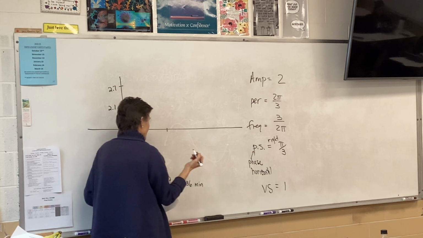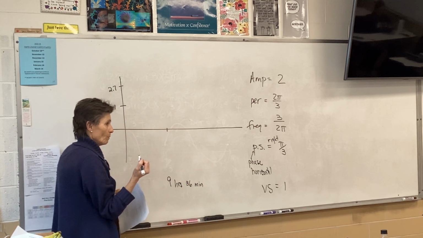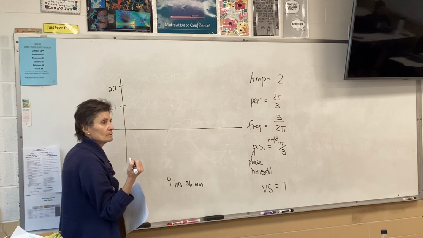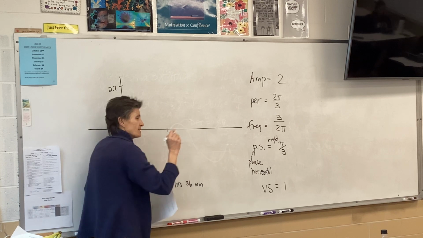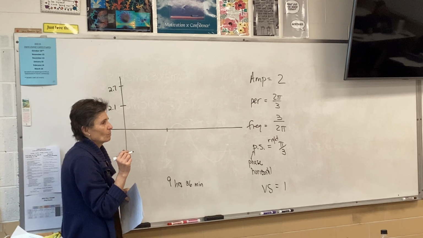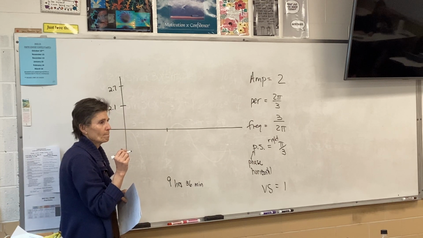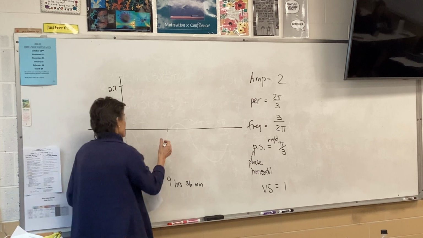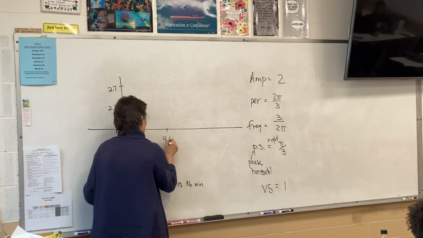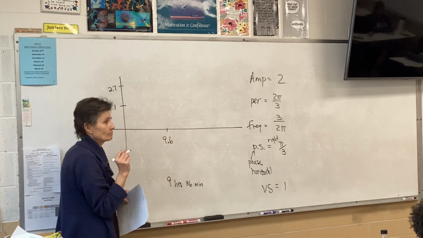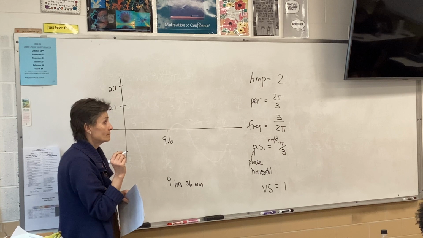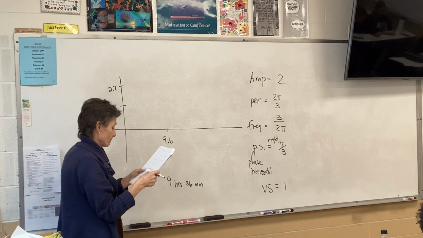Can we make that a decimal hour? What would that be decimally? Because I have to graph all this. It'd just be easier if it's decimals. What is it? 9 point 0.6? 9.6? How did you get that? 36 divided by 60? Okay.